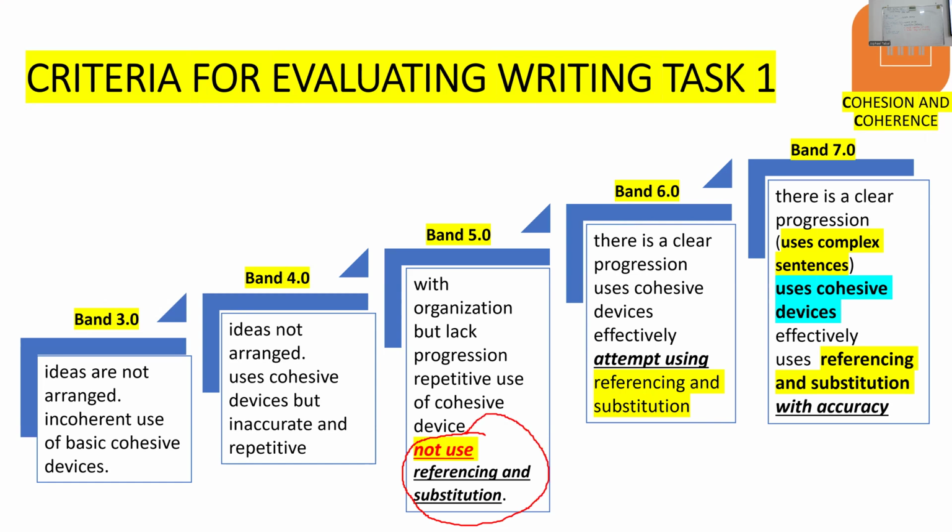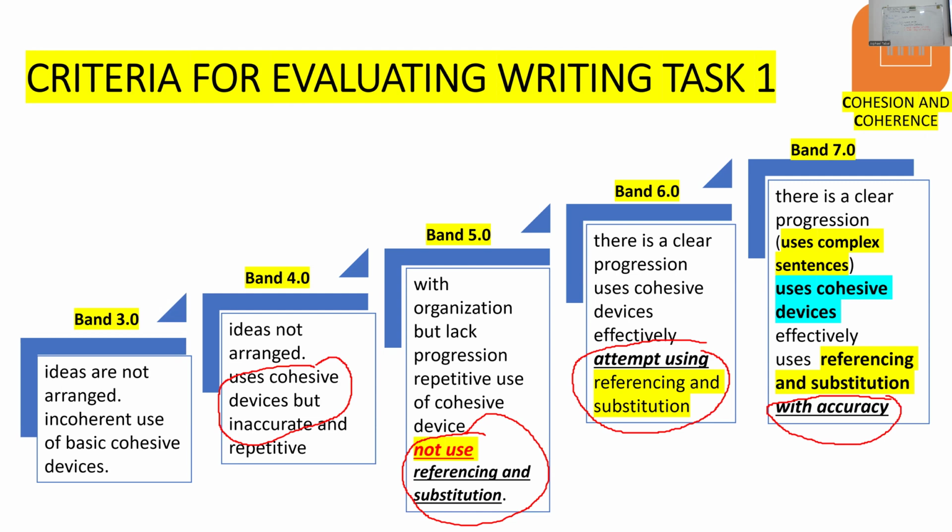In band 4, the candidate only uses cohesive devices, but most of these devices are inaccurate and repetitive. Now, going up to band 6, there is an attempt at using referencing and substitution, just an attempt, but the main goal for band 7 in using referencing and substitution is to use them with accuracy. So this is the main one.